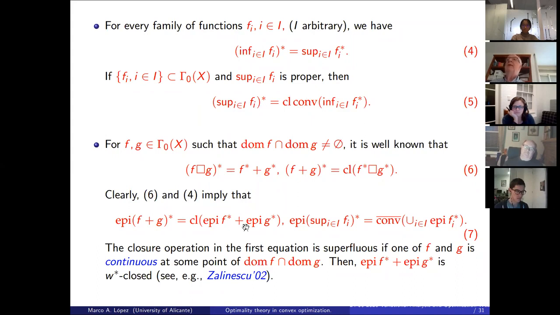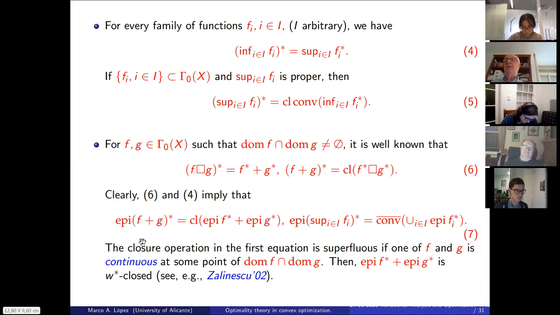This is also well known, confining myself to a couple of functions in the space whose effective domains overlap. It is well known that the conjugate of the infimal convolution is the sum. Meanwhile, the conjugate of the sum is the closure of this infimal convolution. And this gives rise to this relation.